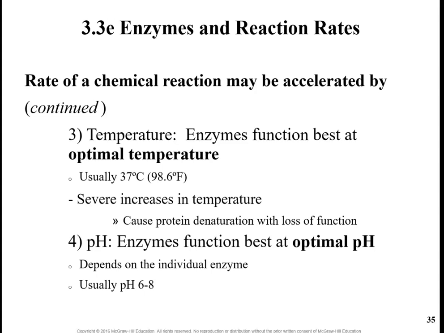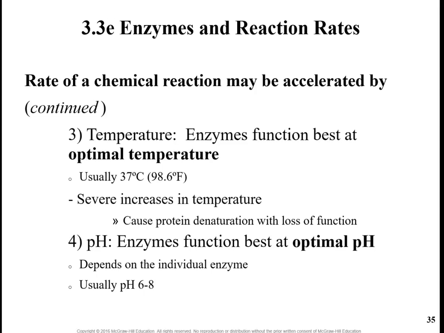What that means is that with severe increase in temperature, the protein is essentially destroyed, or its shape is permanently changed and damaged. And that makes it not functional anymore because it cannot bind its intended molecule that it's supposed to bind.